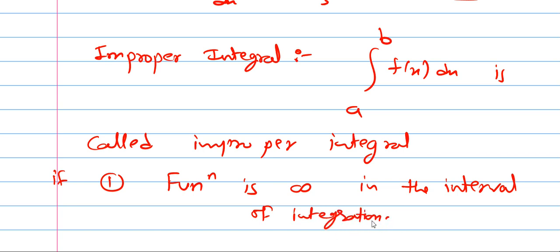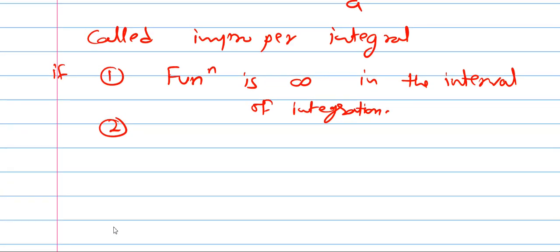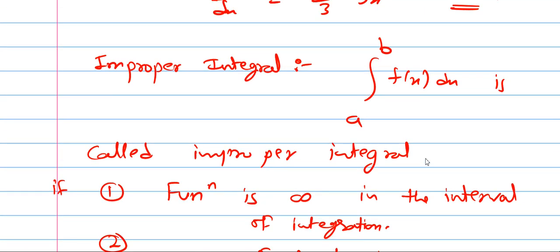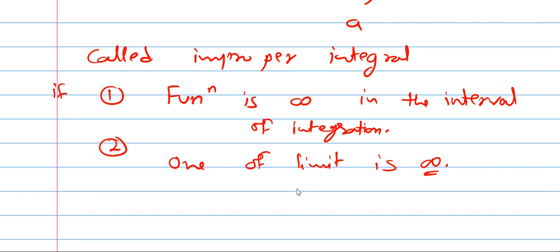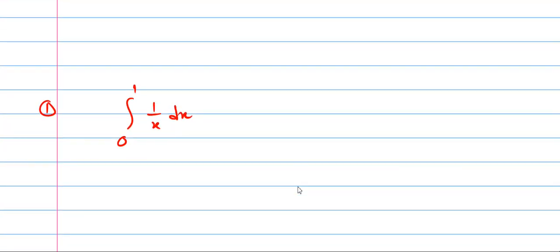If your function is infinity in the interval of integration, then we call this an improper integral. Or second point is one of the limits of integration is infinity. So either a is infinity or b is infinity, then in that case we call this integration an improper integral. So there are two conditions: function is infinity in the interval of integration, and second is one of the limits is infinity.